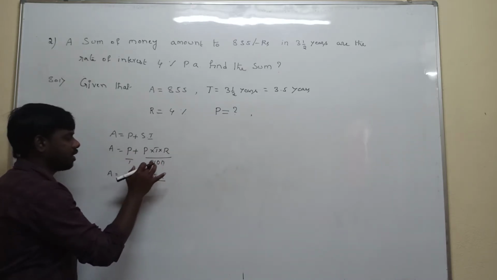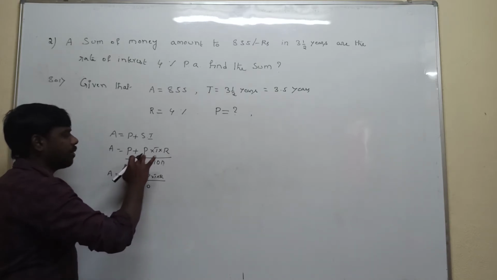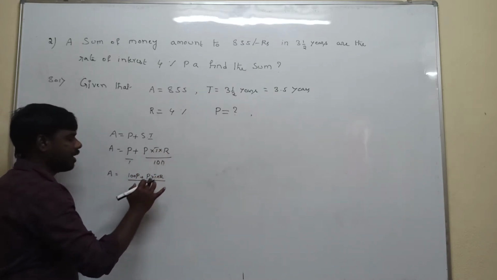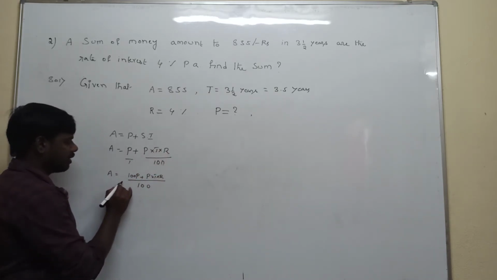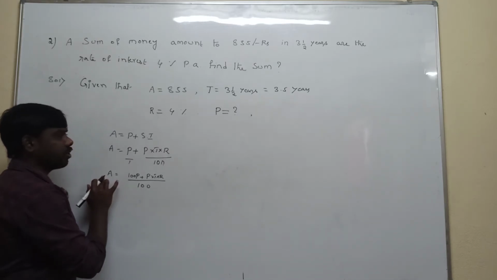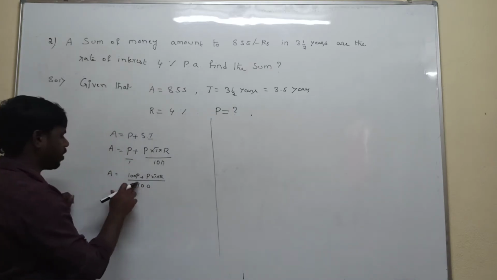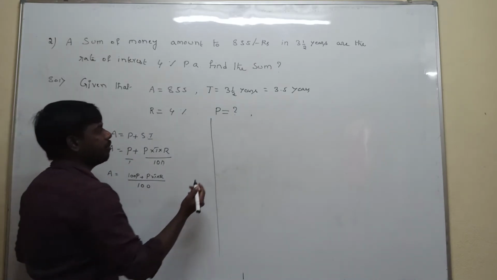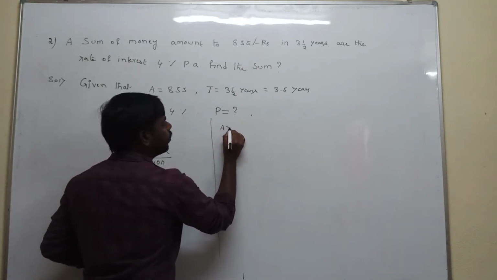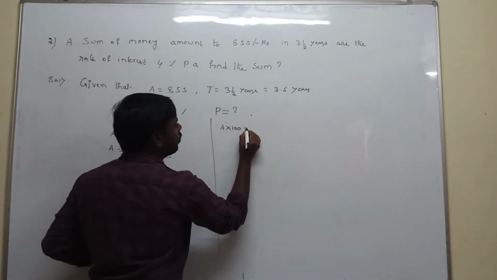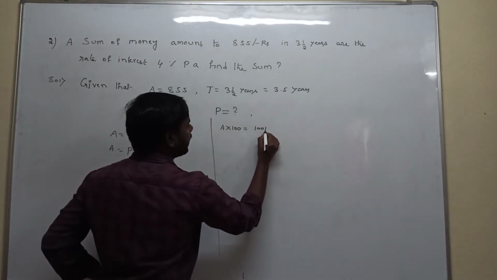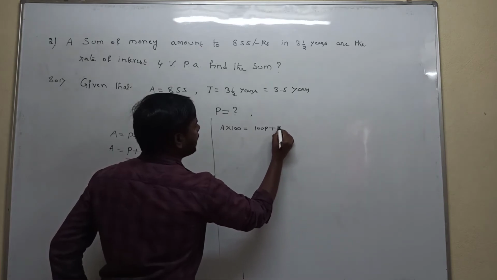P into 100 is 100P, plus 1 into PTR is PTR by 100. After that, 100 cross product with the left hand side numerator. So now, 100 cross product with the LHS numerator means A into 100 is equal to 100P plus PTR.